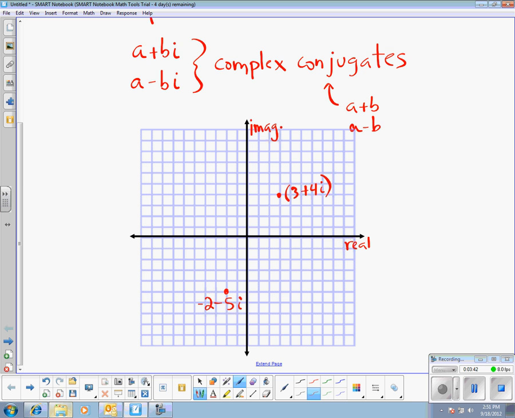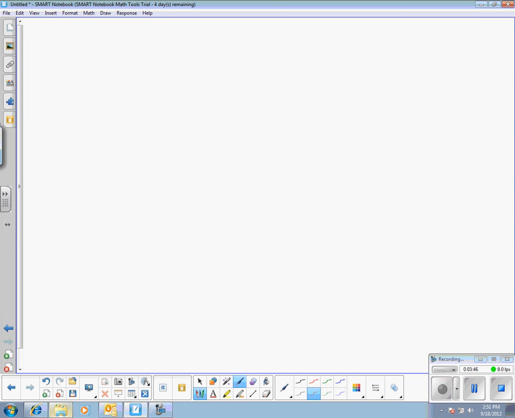And so now we're to the real purpose of today's lesson. There is a rule that says any quadratic equation, such as x squared minus 6x plus 73 equals 0, has to have two solutions.